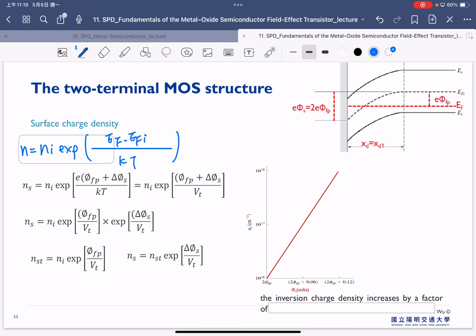And therefore we can also consider the equation as shown in this one, phi_FP plus the delta phi_S here. And the delta phi_S is mainly due to our applied bias.